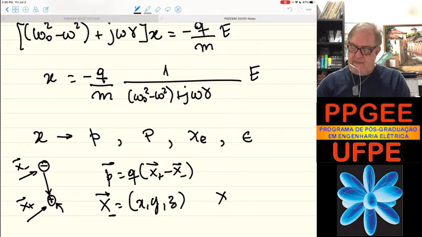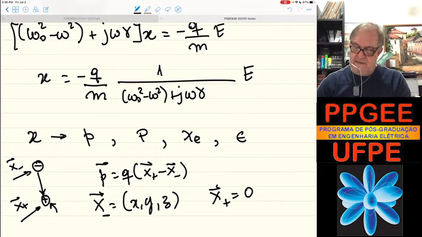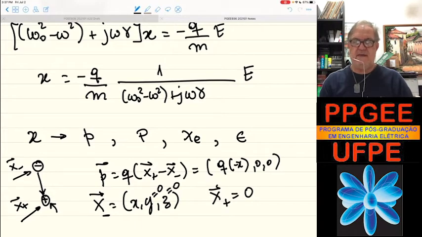The position of the proton or the nucleus, let's say, equals 0. So in this case, y at steady state equals 0 and z equals 0. So this is going to be q times x plus equals 0 minus x, 0, 0. That's the induced dipole moment at steady state, right?